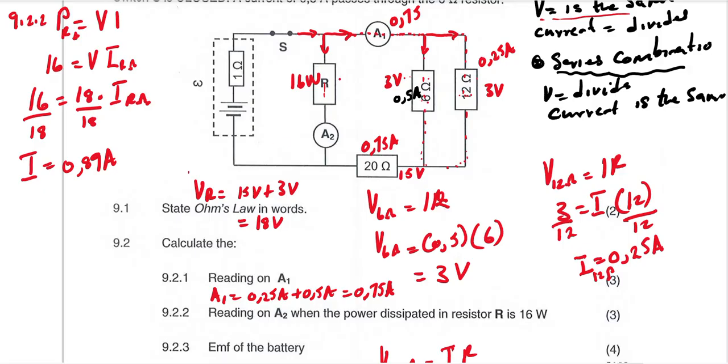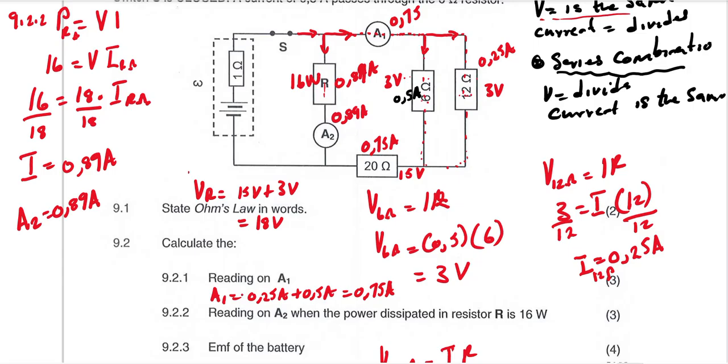Since the current of 0.89 A is passing through this resistor, it will also pass through this resistor. That's why the reading of A2 is 0.89 A.